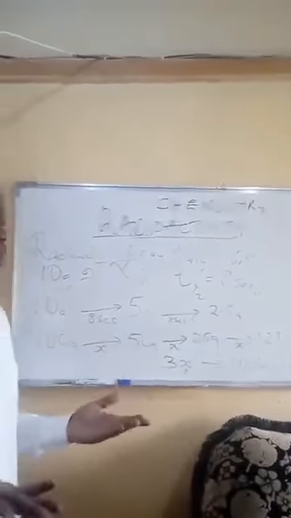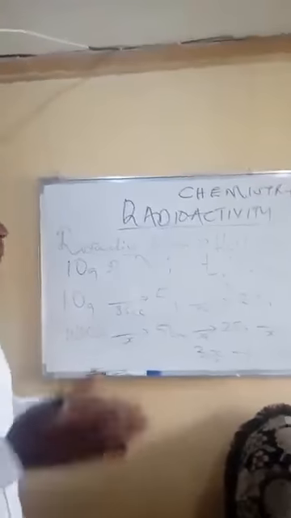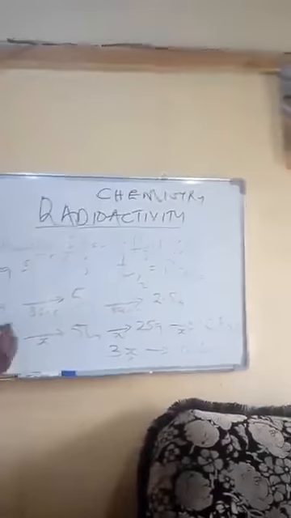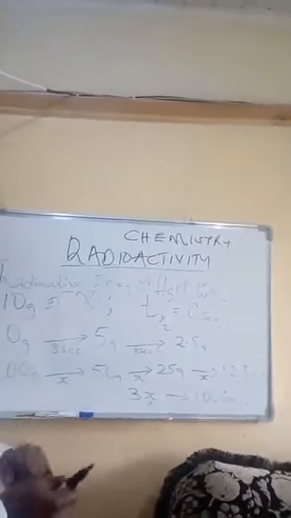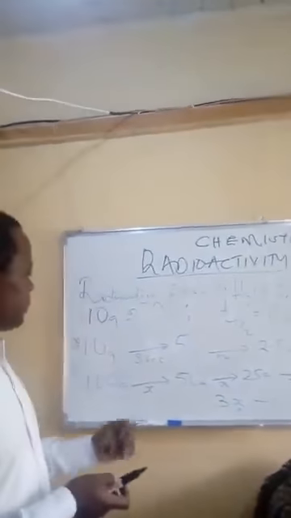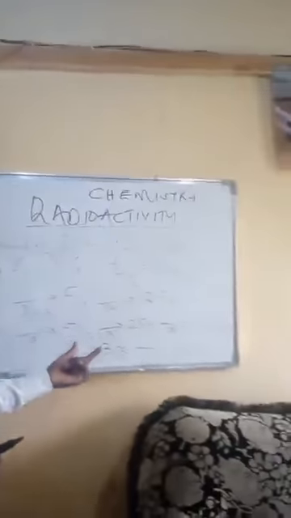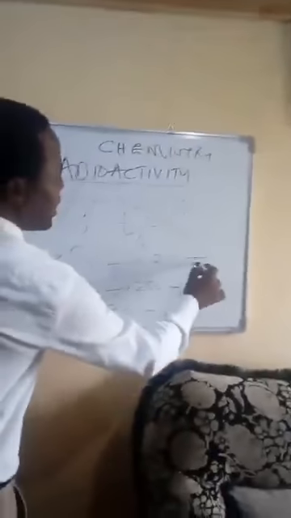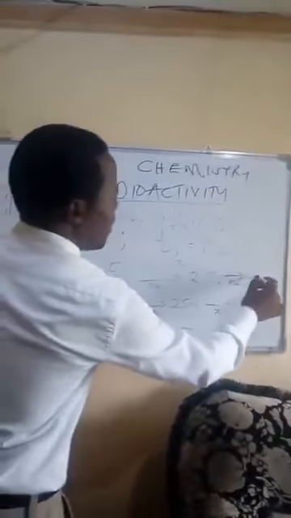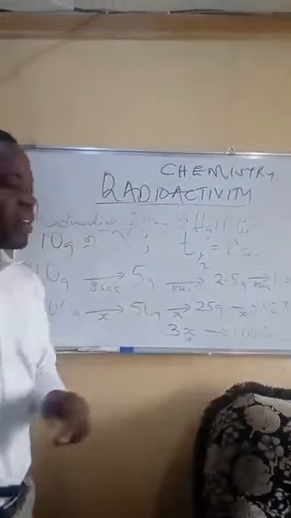So an examiner could twist the question in those different ways. You could even be asked to calculate the percentage of X remaining after, for example, 24 seconds, and the approach would be the same. After 8 seconds we have 5, after another 8 seconds we have 2.5, after another 8 seconds we have 1.25 grams.